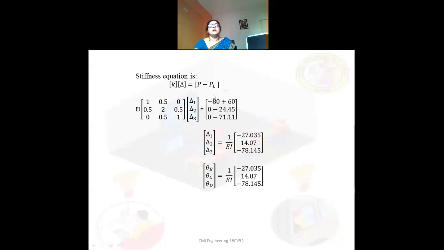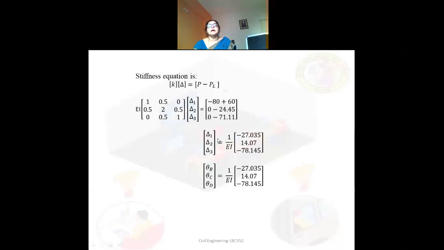And P value, we have already calculated the final forces: minus 80, 0, 0. And PL value, you had got minus 60, plus 60, plus 24.45, minus 24.45 and plus 71.11. So here minus side, so minus into plus is minus 71.11.